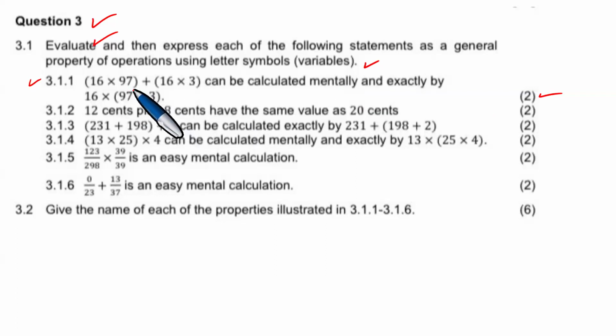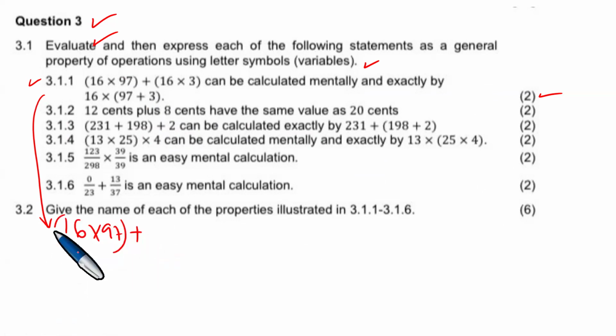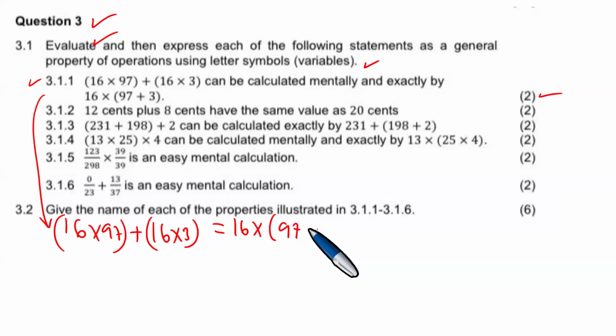So we can calculate in our minds, and we can find the accurate answer by converting this to this. So the examiner is effectively saying, students, note that 16 times 97 plus 16 times 3 is 16 times (97 plus 3). Like this.